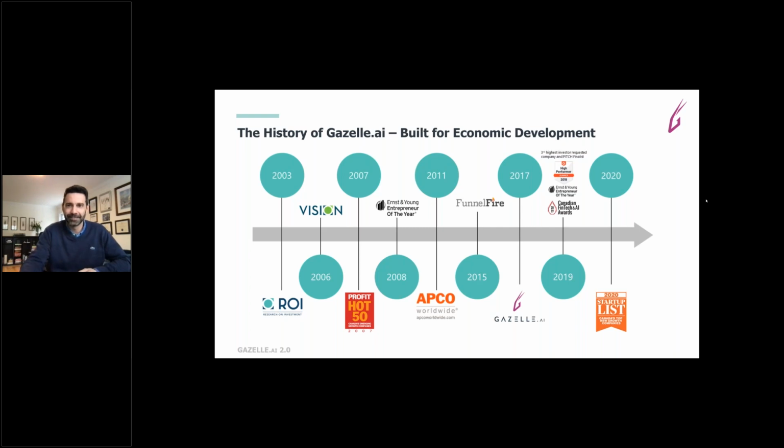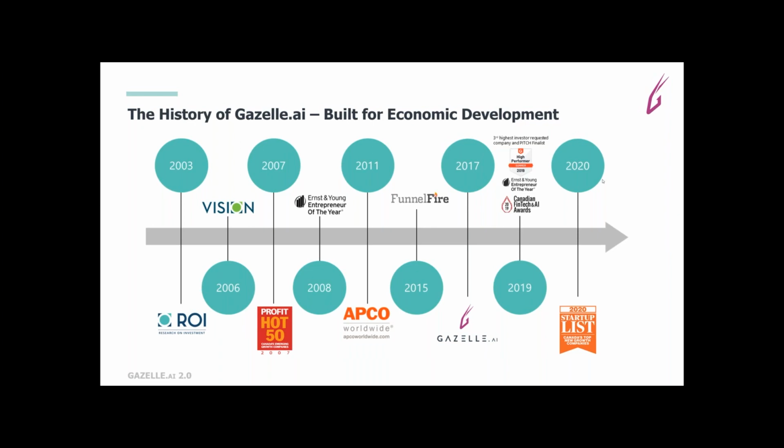So I think it's important to go through a really quick history of our company and try and shed a little bit of light as to why we started to develop artificial intelligence. So way back in 2003, we started a company called ROI, Research on Investment. So ROI's main goal, and still its main goal, is to try and identify companies that are expanding.